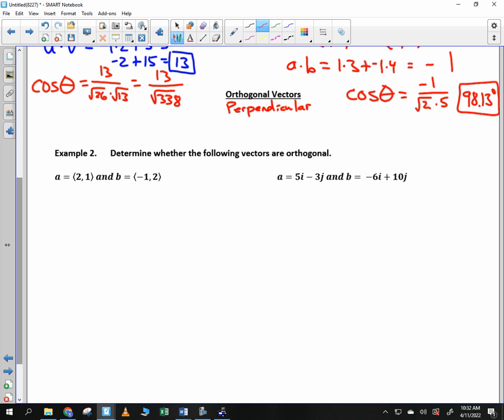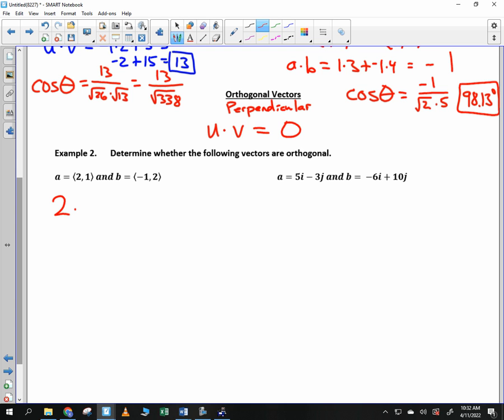It's 0. So this whole thing ends up to be 0. And so all we have to say is, in order to determine if vectors are orthogonal or perpendicular, it just turns out that their dot product is 0. If you get 0, you know that they're orthogonal. They're perpendicular.